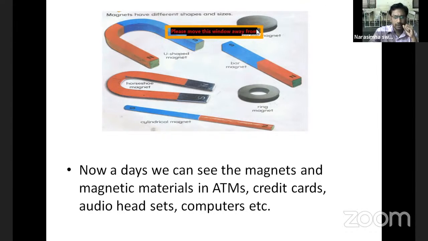These are available and we can see them in various daily applications like ATM machines, credit cards, audio headsets, and computers, etc. Among these, as per our syllabus, we are going to specify the bar magnet. We will discuss the properties of the bar magnet.